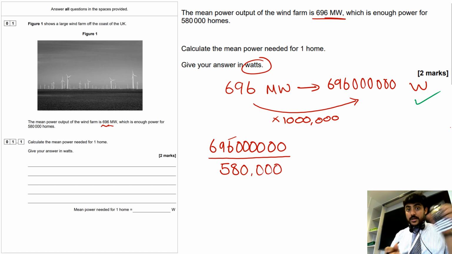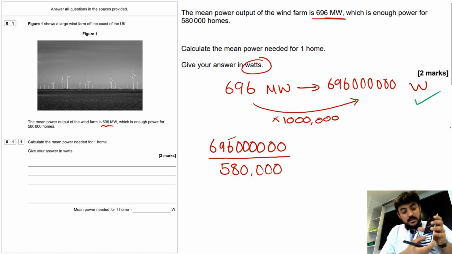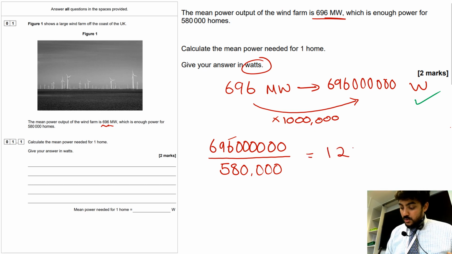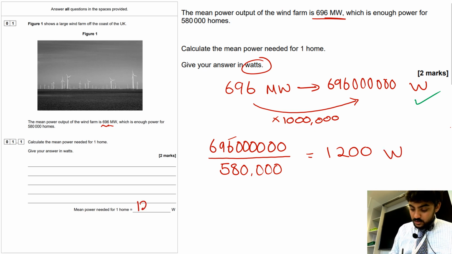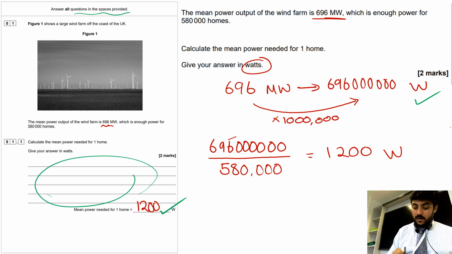That's exactly what I'm going to put into my calculator. 696,000,000 divided by 580,000 gives me an answer of 1200 watts. And the second mark actually comes from writing 1200 here. Remember, all questions should be answered in that space. So all of this working out should be right here.